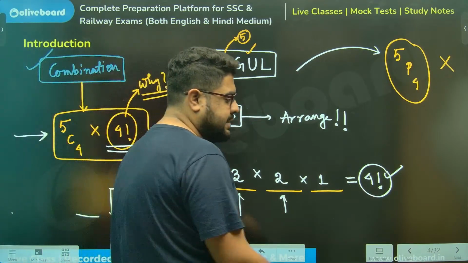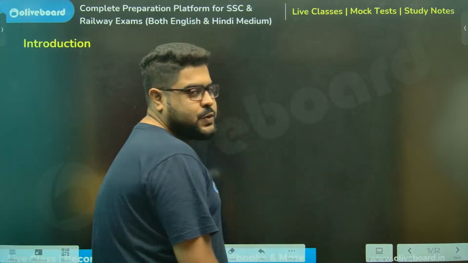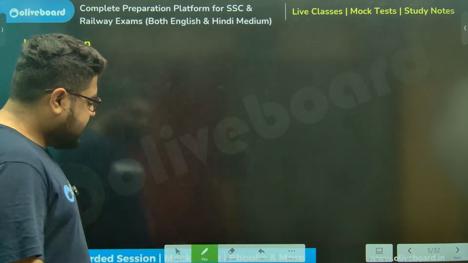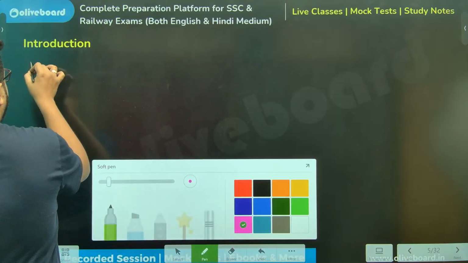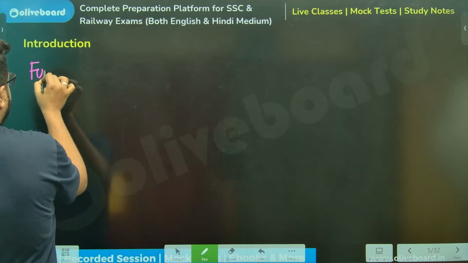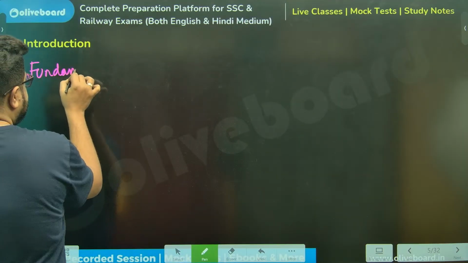Now there are certain things, so definitions को थोड़ा समझते, and before that there is one more thing we need to understand, which is called the fundamental principle.